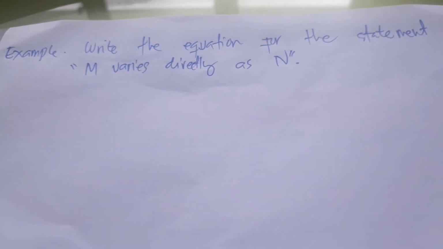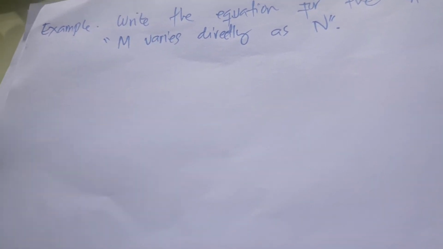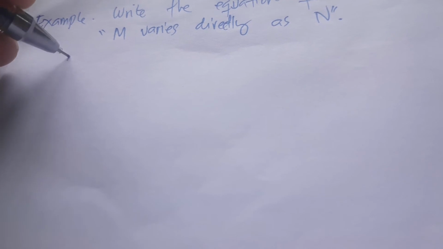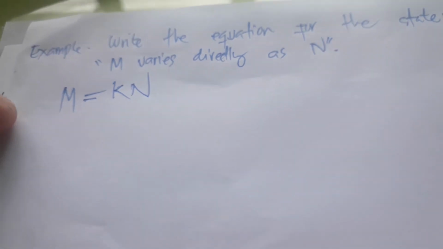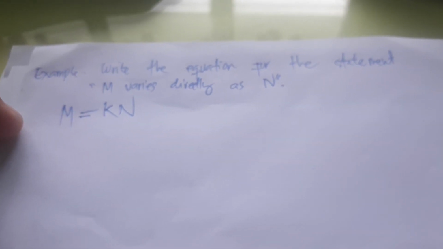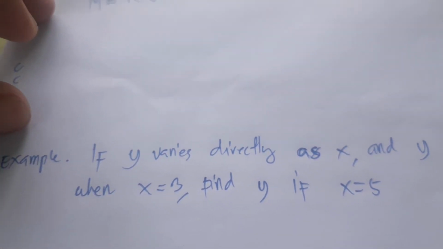So m varies directly as n is simply: first make m, then varies directly means you will be using k as your constant of variation, then use n. So that's simple.